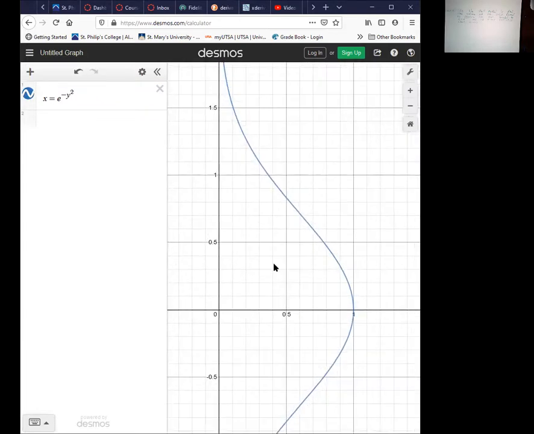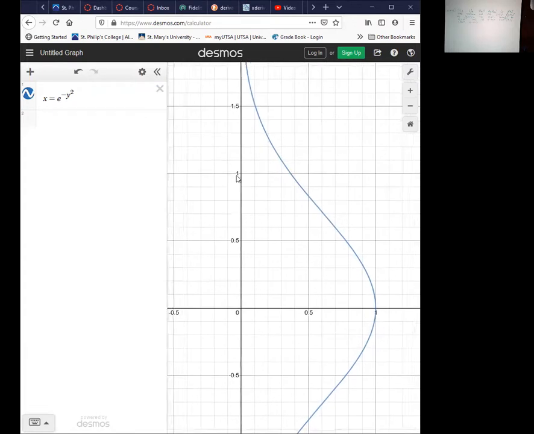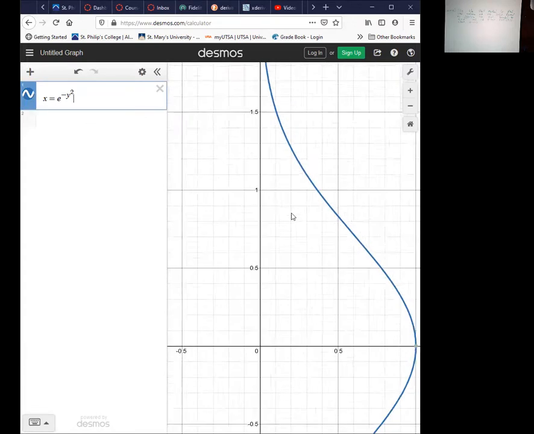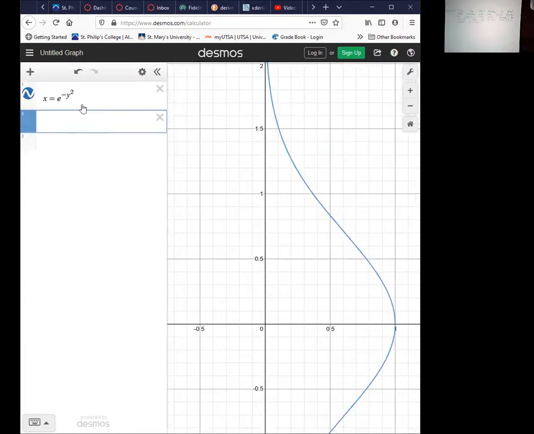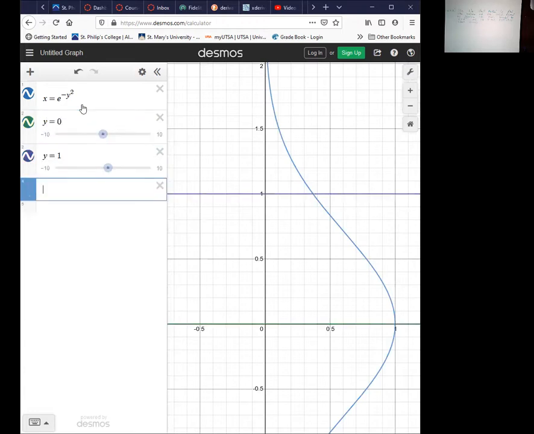It's basically a sideways bell curve, and we're integrating from 0 to 1. So let me plug in some lines to show you: y equals 0, y equals 1. So this whole little bounded section here. I'm going to try to draw that to the best of my ability.